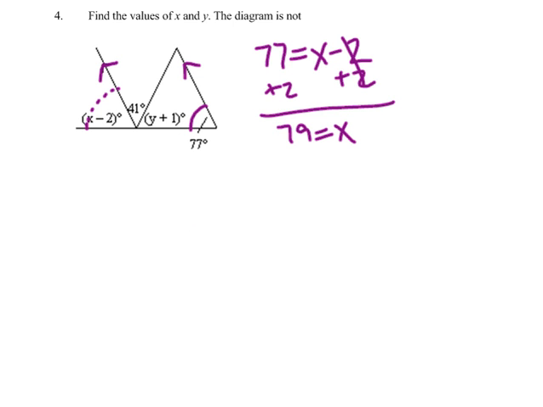We still have the same parallel lines in here. This time our transversal is here. So what does that mean? It means that this angle is equal to this one right here, of 41 degrees. How does that help? We have 3 angles of a triangle. And 3 angles of a triangle, if they are added together, will equal 180 degrees.